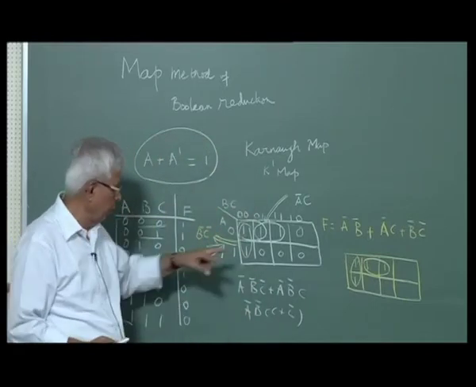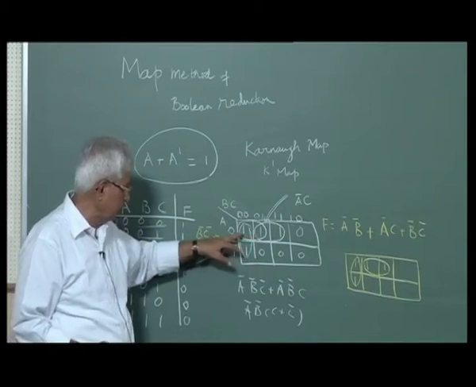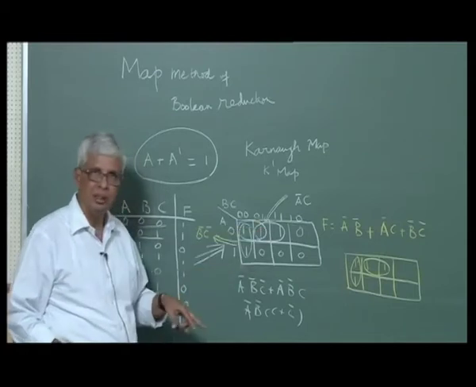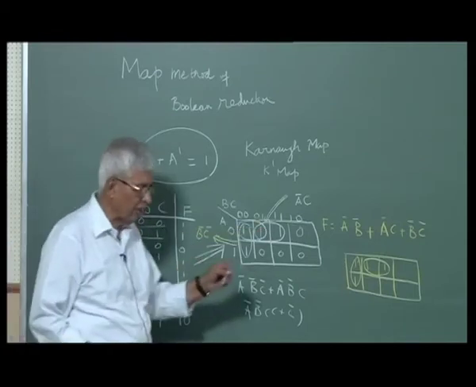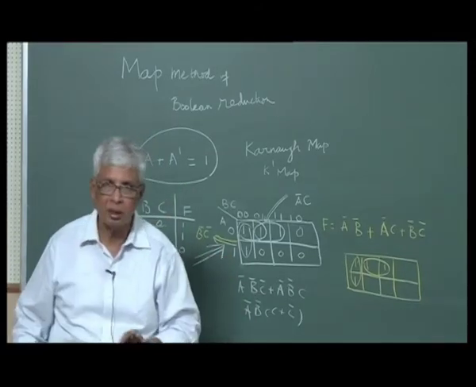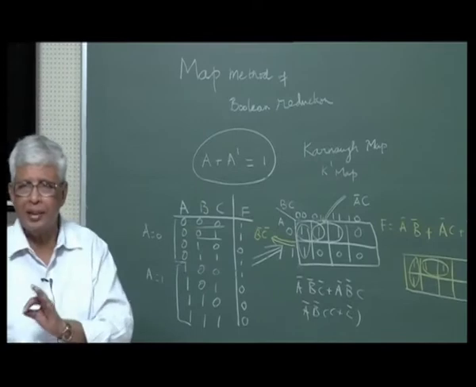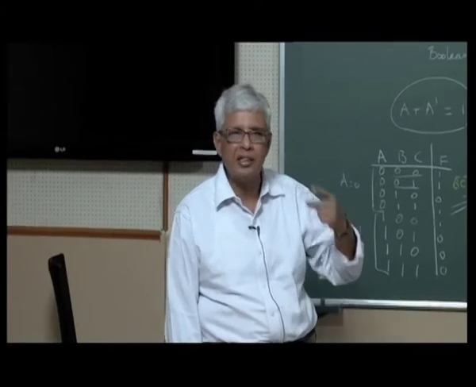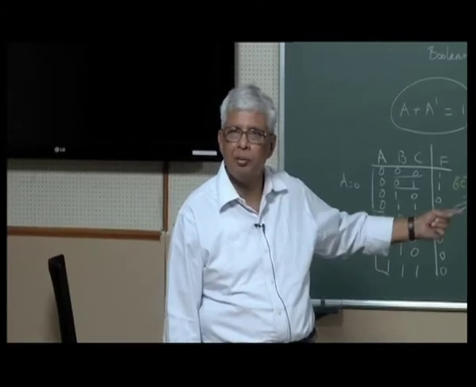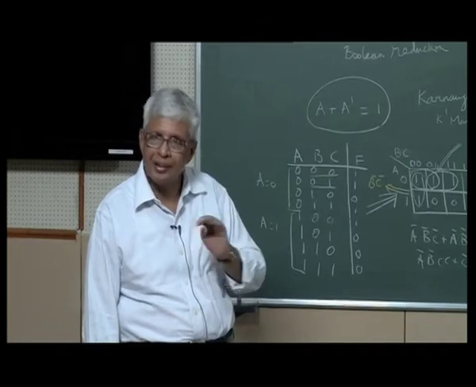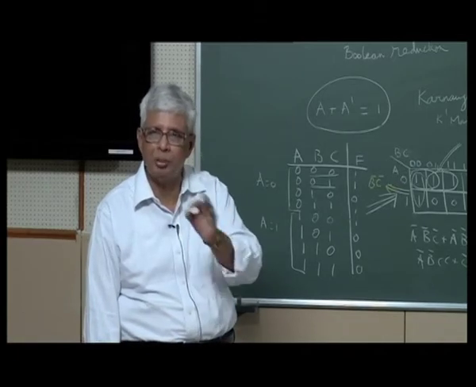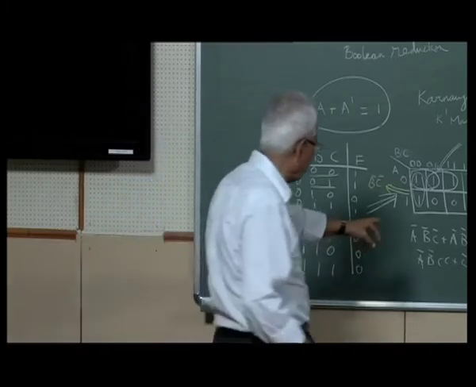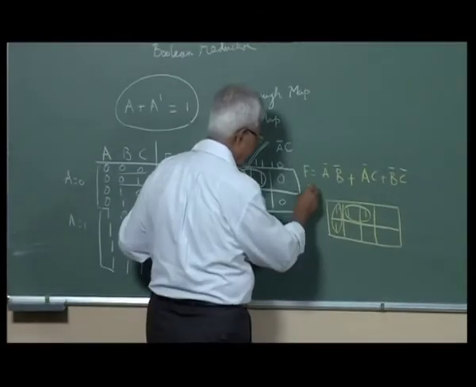This is unnecessary now because this one appears in this and this. This one appears in this and this. There is no need. Every one should be at least covered once. But covering a one more than once does not matter. It is not a mistake. But putting this repeated coverage will result in the number of terms being increased. We do not want that. We want as few terms as possible, as few terms as required. So even though I did it like that, I should have done it this way.